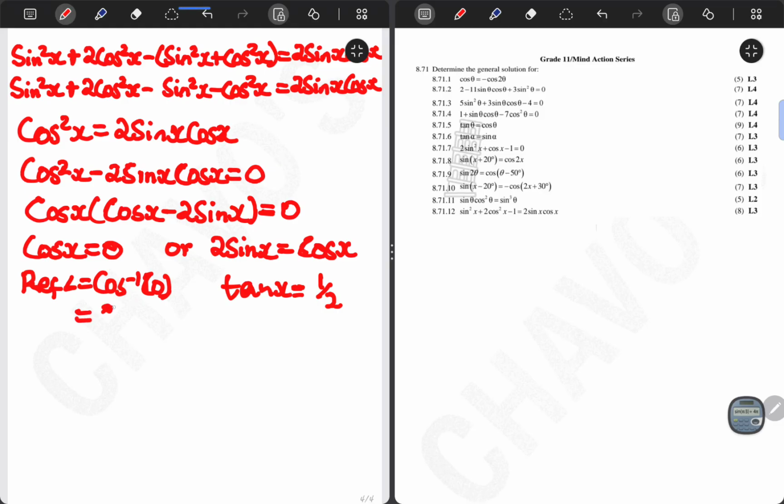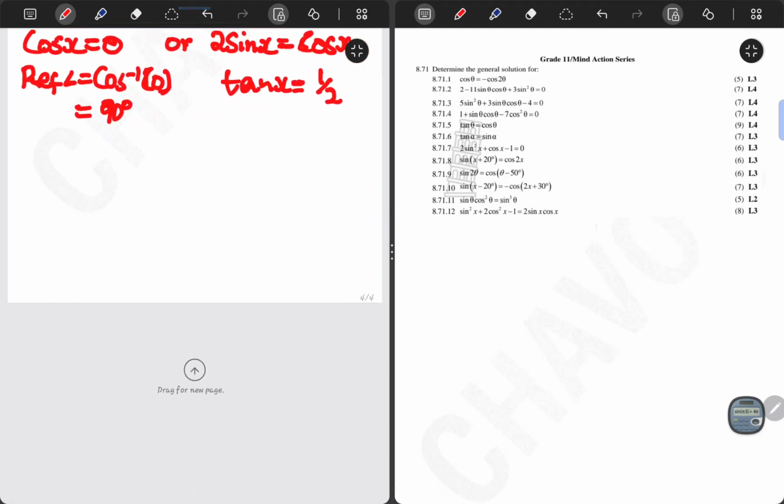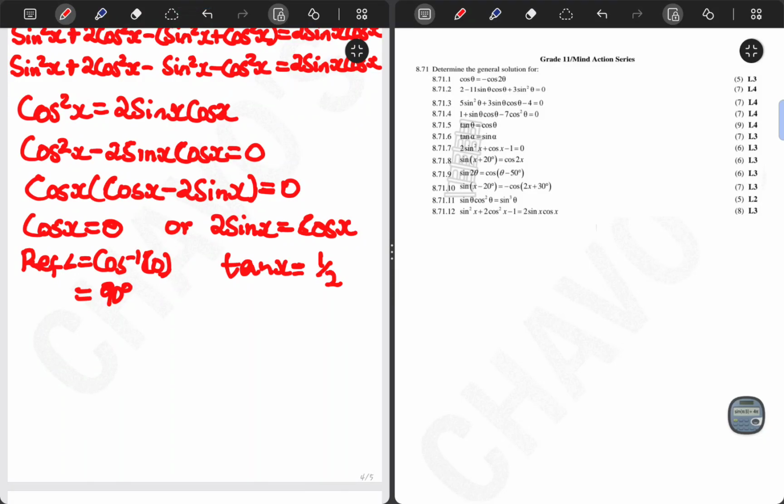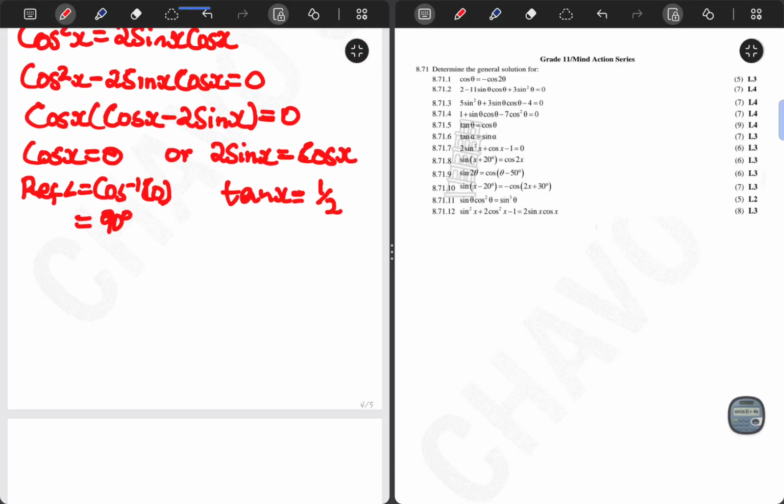And where cos is positive, cos x equals to 0 is the same as saying cos is positive. That should be quadrant 1 and 4. So in quadrant number 1, x will be just 90.